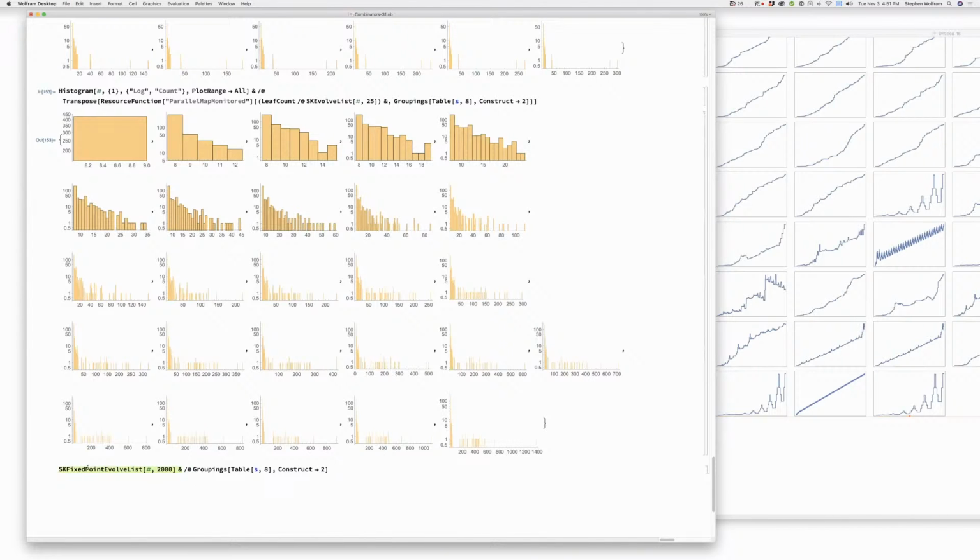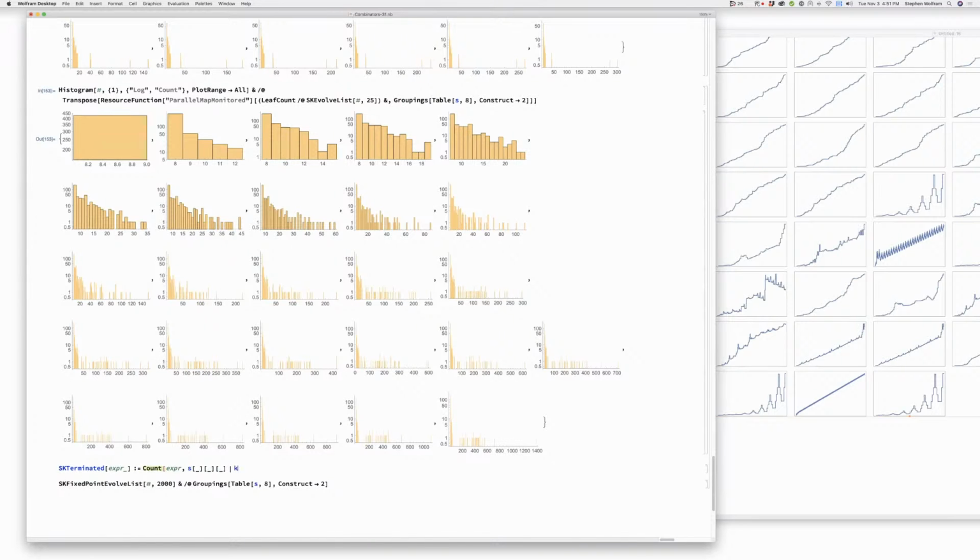And then I'm going to say, let's say, SK terminated of expr is, I wonder if MatchQ has a... no, actually I could do this. I could say Count of, in expr, of s of blank, a blank, a blank, or k of blank, a blank, 0 to infinity, Heads goes to True.